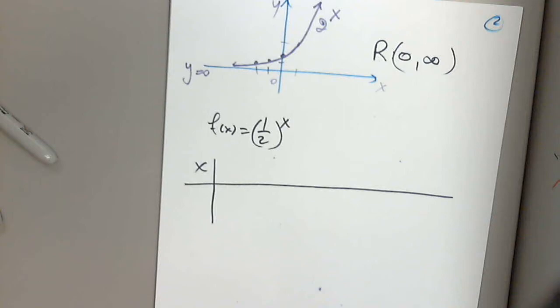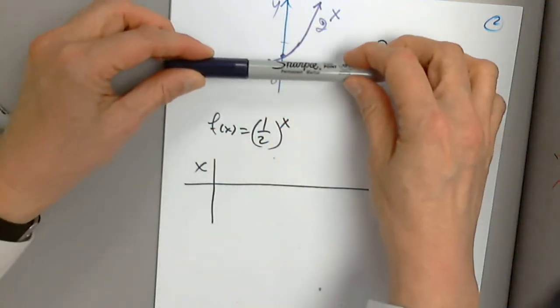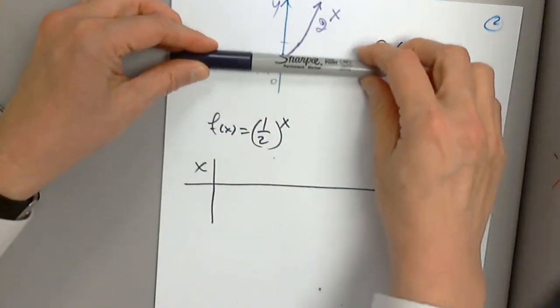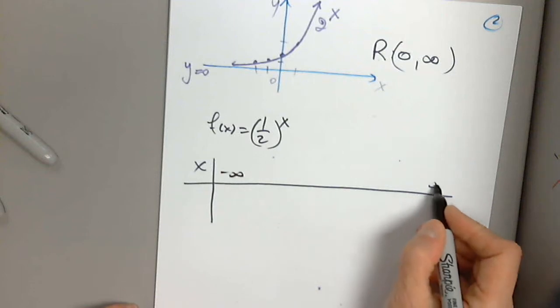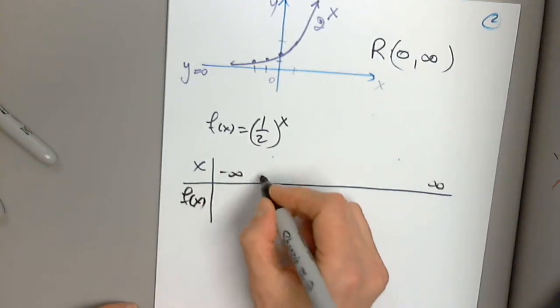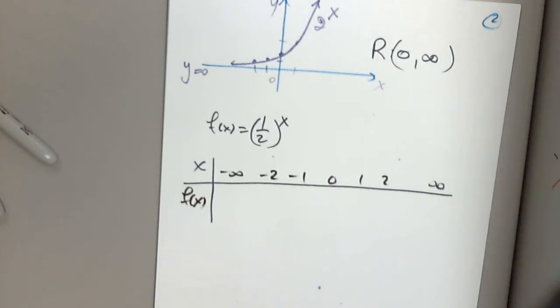Look at the graph, from the lowest y value, which is not attained, that's why it's in parentheses, to the largest y value. Good. So let's do the same thing: negative infinity to infinity, and f of x at -2, -1, 0, 1, and 2. When you're ready, please give me those numbers.